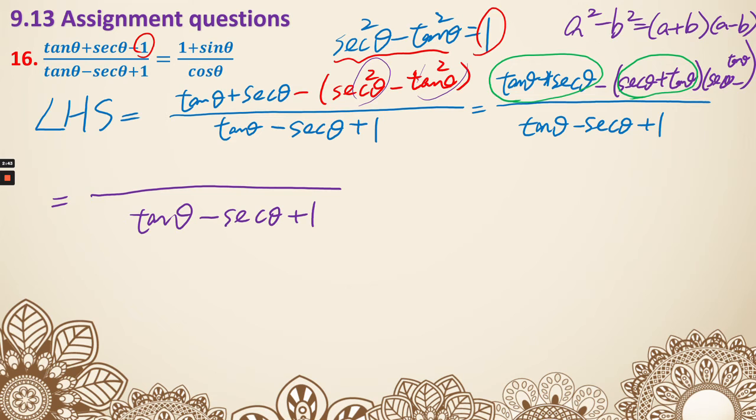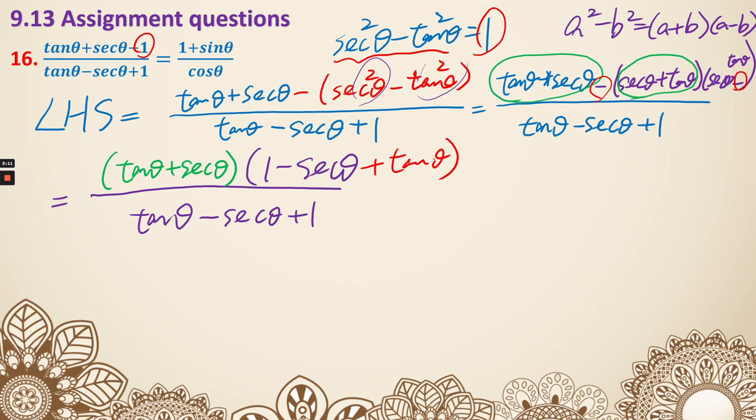They're actually the same, so I'm going to factor it out: tangent theta plus secant theta. After I factored out that part, the rest, because I factored out the same thing, I still have a 1. And then I have this minus, because it's minus secant theta. But be careful, I have a negative sign, another negative sign, so this tangent actually becomes plus tangent. That is everything after I factored it out.